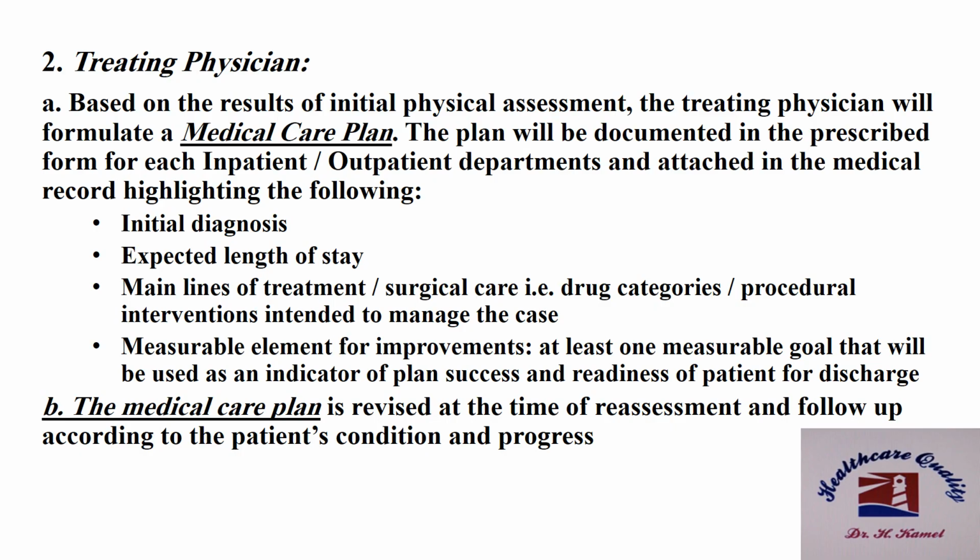The plan will be documented in the prescribed form for each inpatient or outpatient department and attached in the medical record, highlighting the following: initial diagnosis, expected length of stay, main lines of treatment or surgical care, drug categories, procedural interventions intended to manage the case, and measurable elements for improvements, at least one measurable goal that will be used as an indicator of plan success and readiness of patient for discharge.